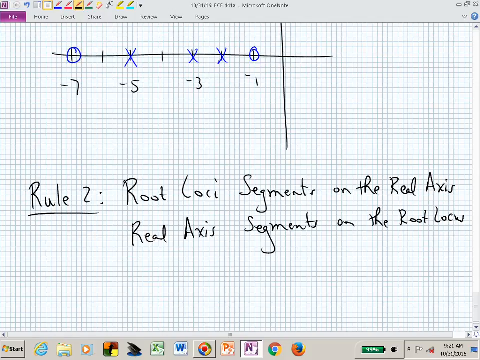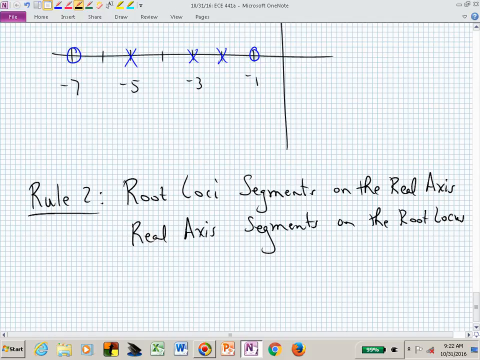How many pieces of French bread do we have after we've subdivided it, based on these poles and zeros? Everybody see 6? Okay, we're in a good point. Now, what we need to do is figure out which of those 6 segments belong to the root locus.